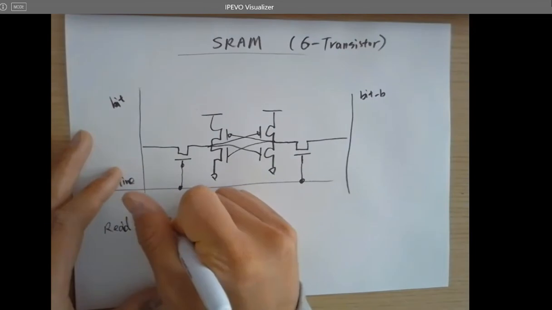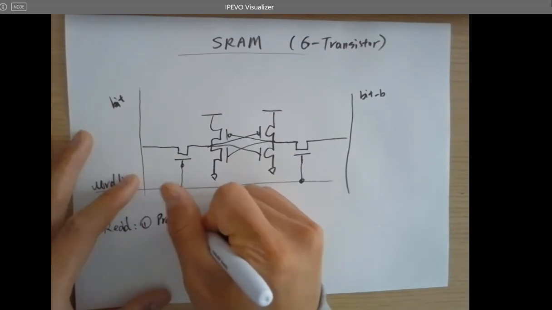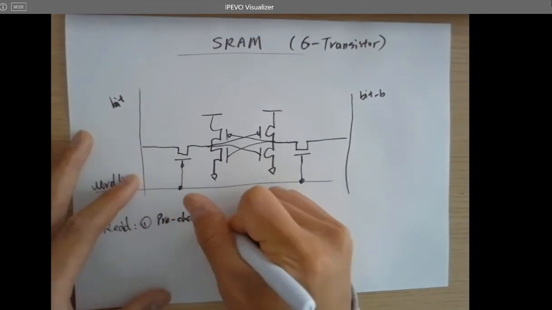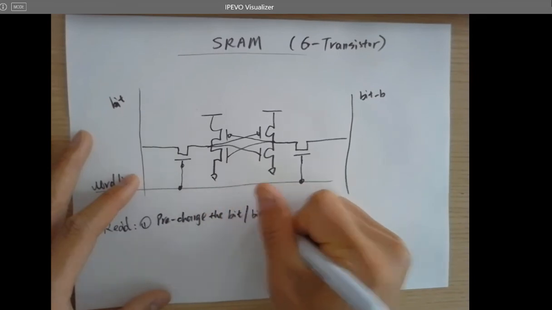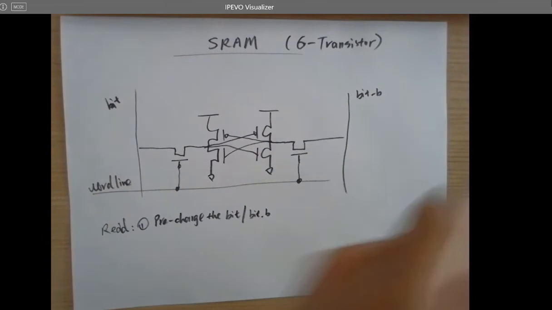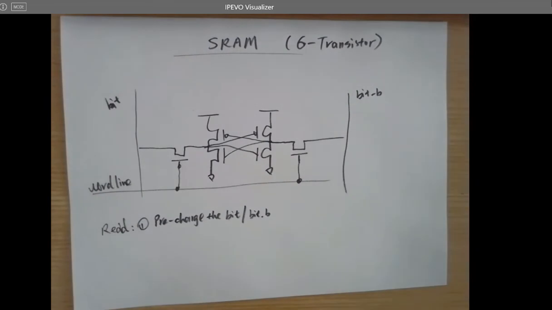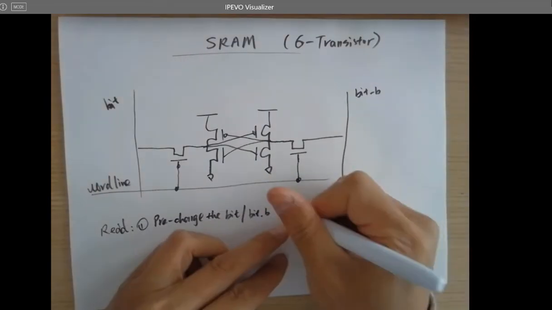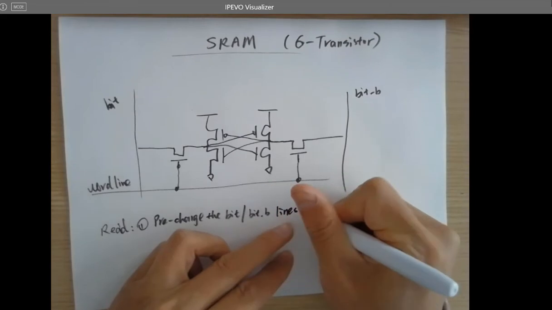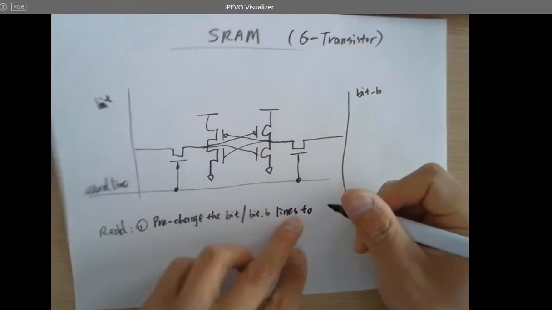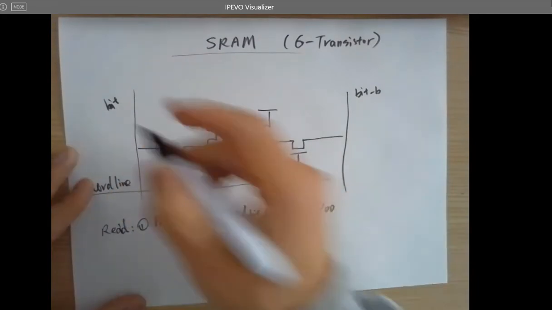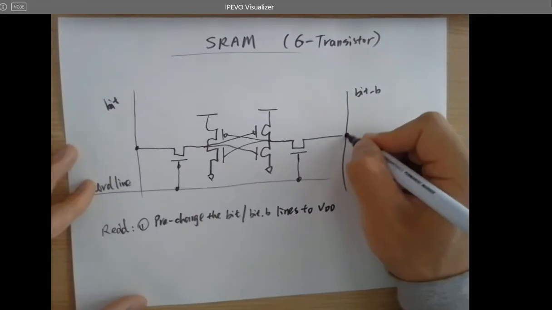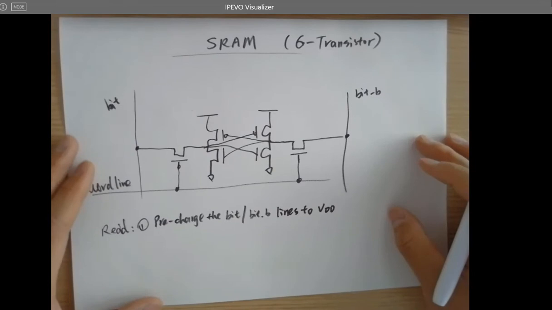Pre-charge the bit line and the bit bar line to what? VDD. So these two lines should be pre-charged to VDD. So here's a question: how?